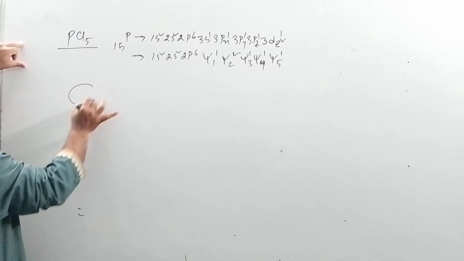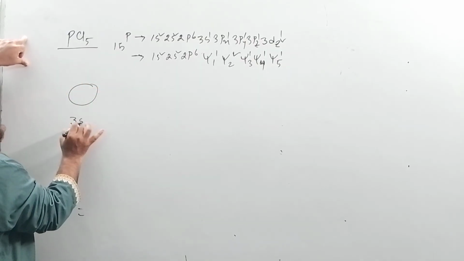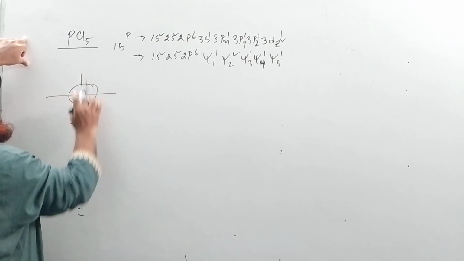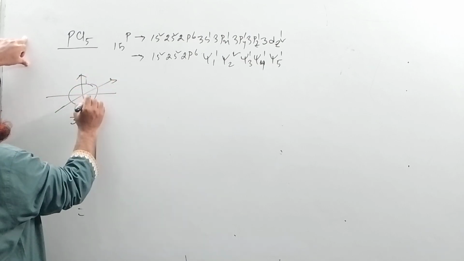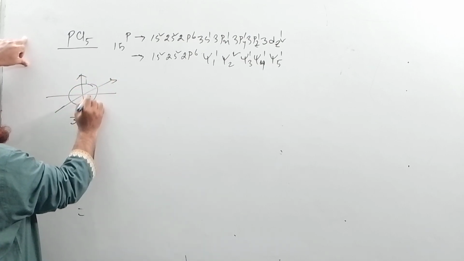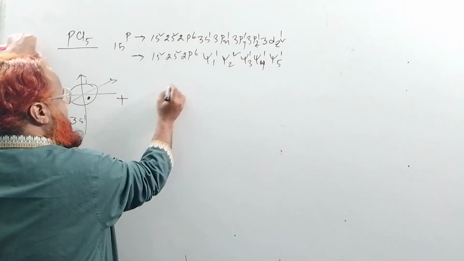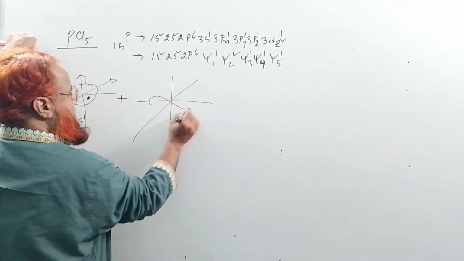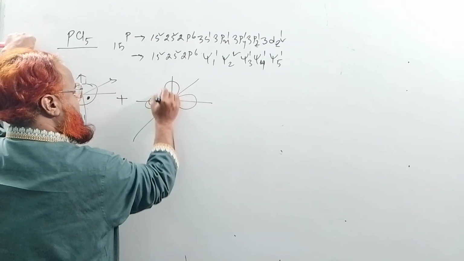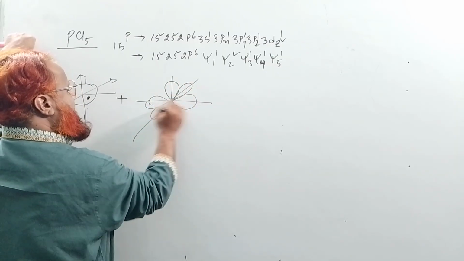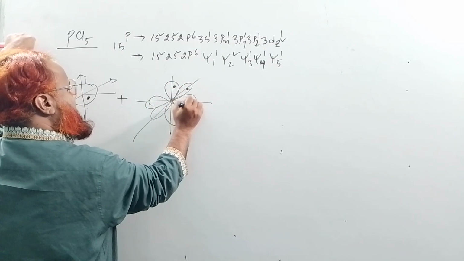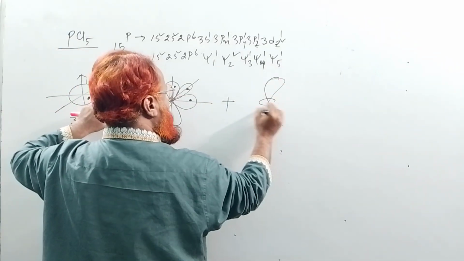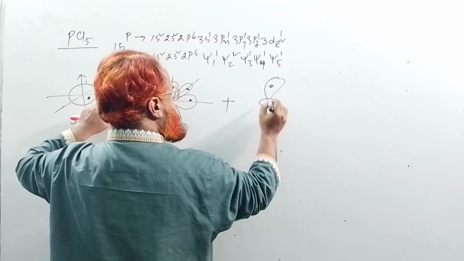So this is what? 3s1 having a single electron, 3px, 3py and what? 3pz single electrons. And now what? 3dz square single electrons.